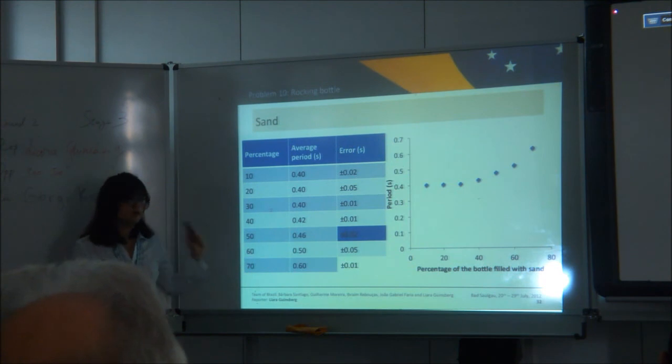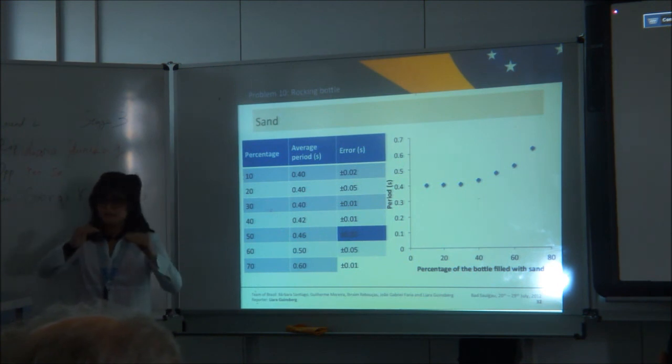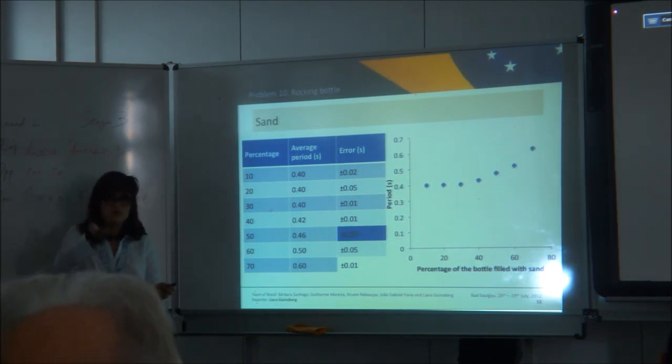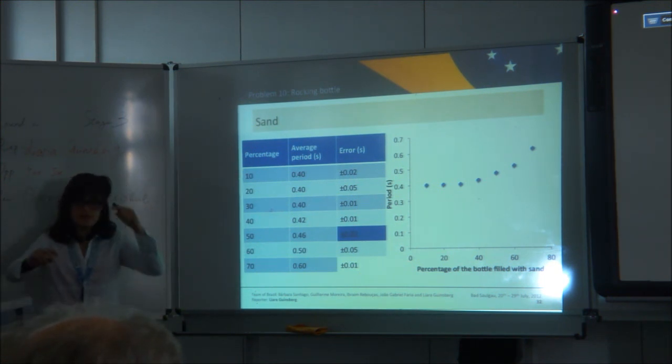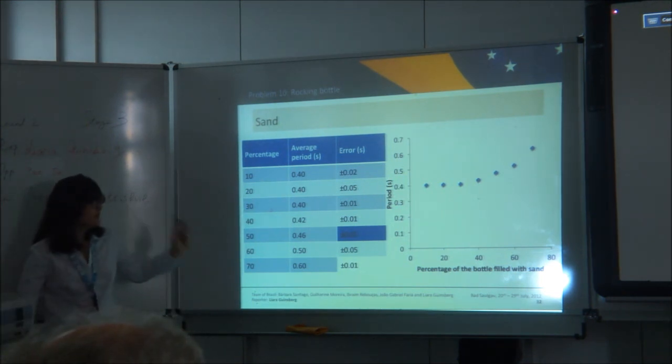As we put more sand in the bottom, we change the center of mass to higher in the vertical coordinate, and then we have a bigger torque. Therefore, we have a bigger mass, so we have a bigger period.